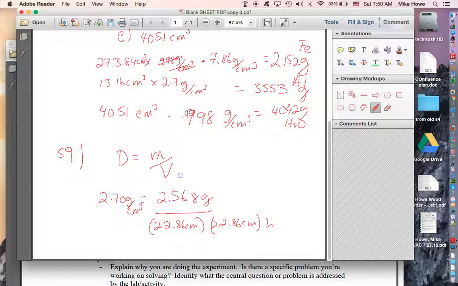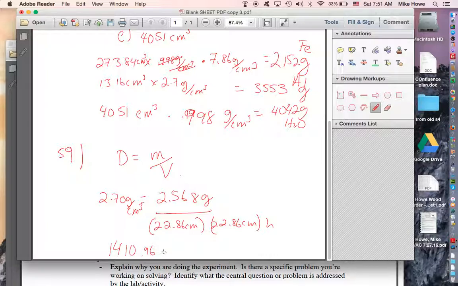You guys know how to solve the basic algebra things, so we're going to clear the denominator. I'll say this verbally: I'm going to multiply 2.70 by 22.86 and multiply again by 22.86. All I'm doing is multiplying this number times the things down here, and that gives me 1410.96, and that's times h.